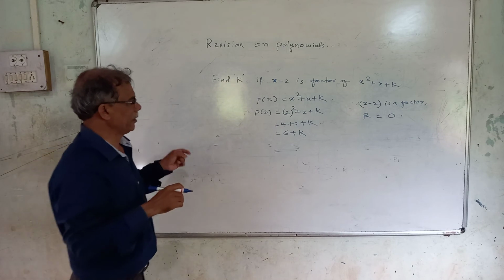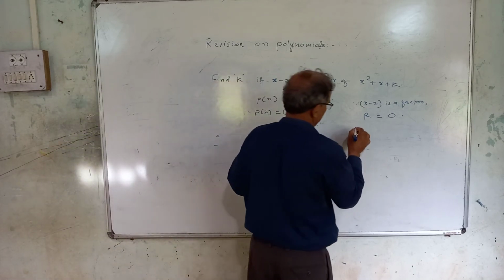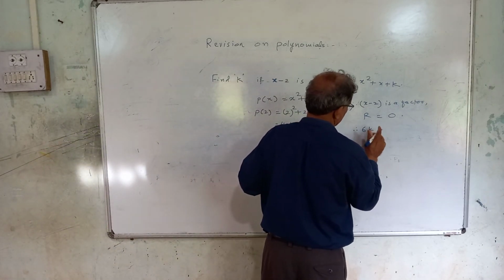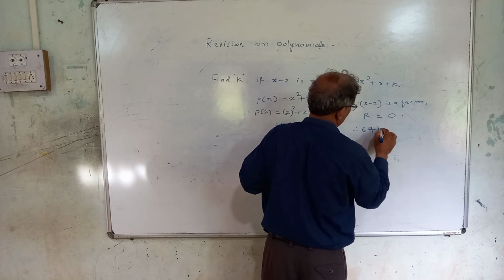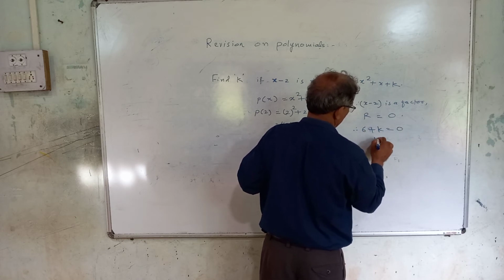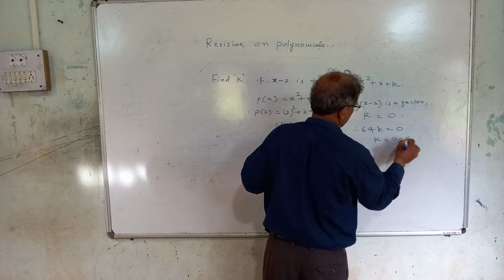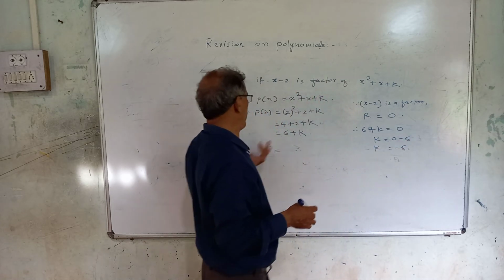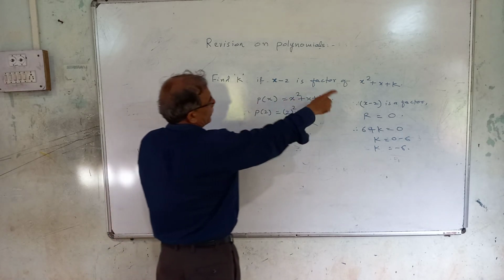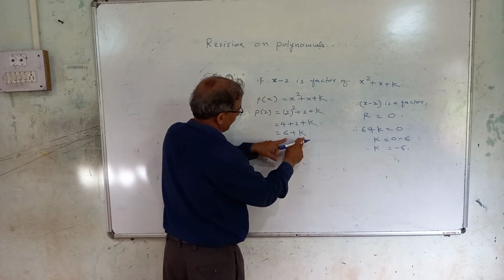Isn't it? Now what is our r? 6 plus k. And therefore 6 plus k is equal to 0, or k is equal to 0 minus 6, or k is equal to minus 6. Or even you can directly take, suppose this is a factor, this answer must be 0.